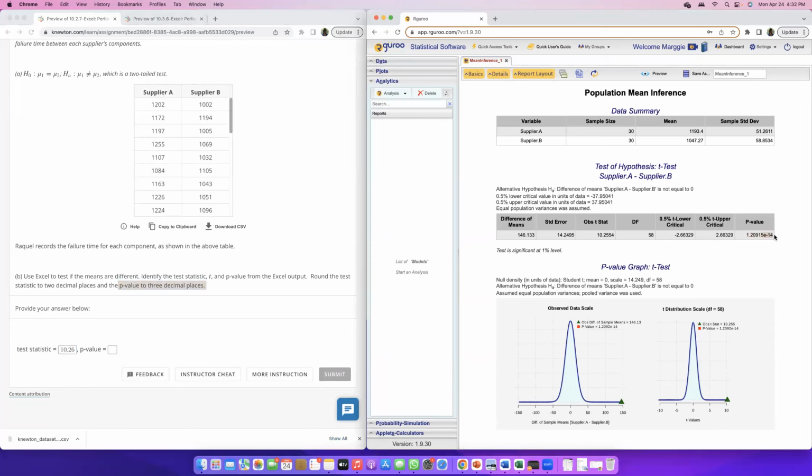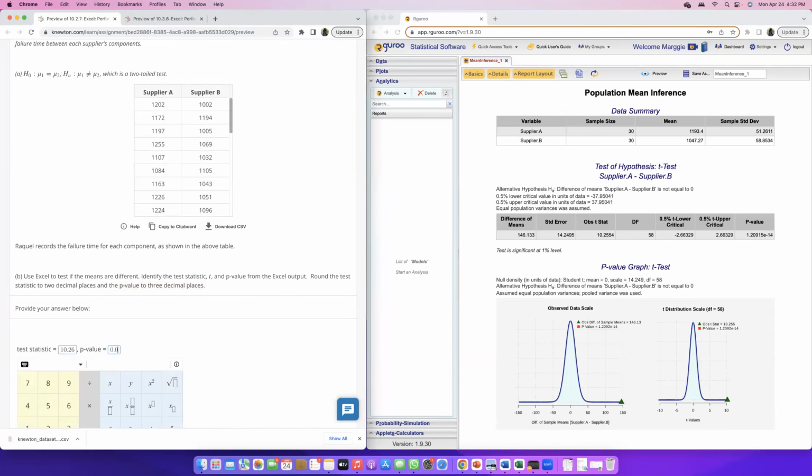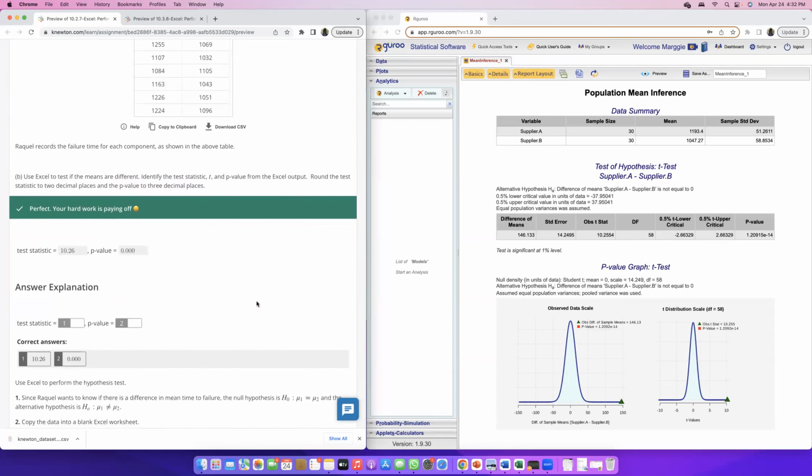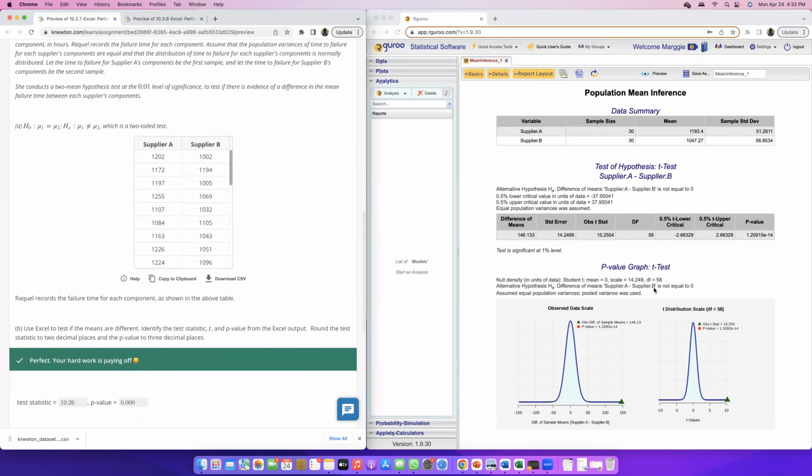This is telling you to move your decimal point 14 times to the left because it's negative. So when you do that, you actually end up with a 0. It's a very, very small number. So here we have our test statistic and our p-value after we perform the test on RGuroo.